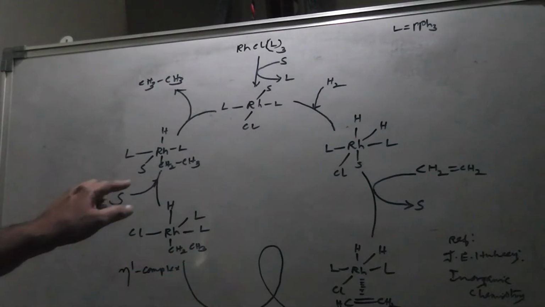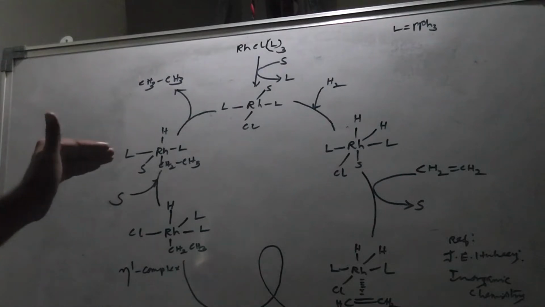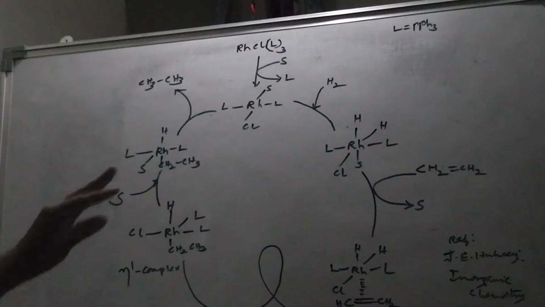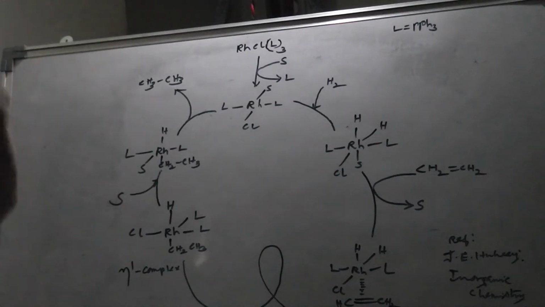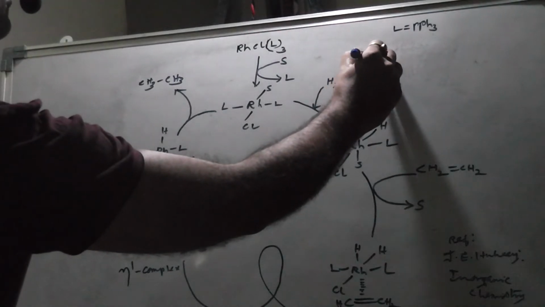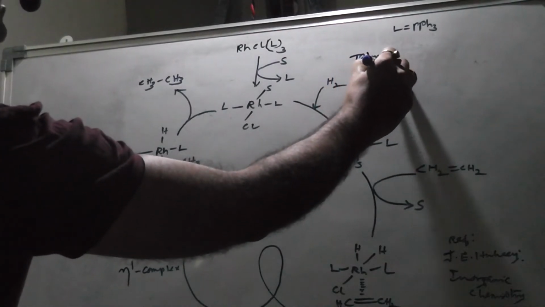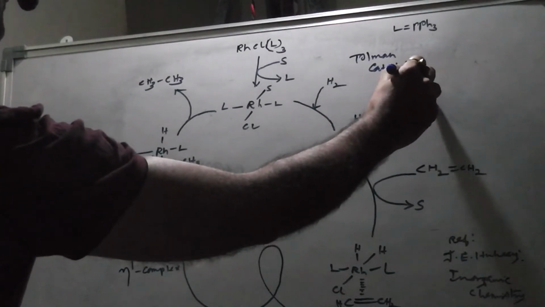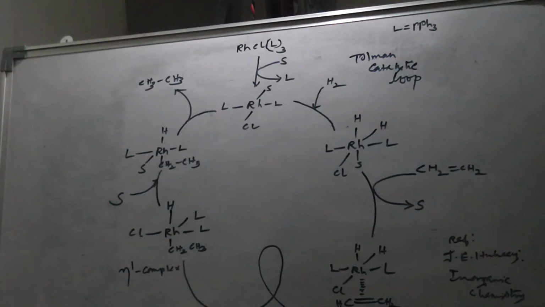Then again solvent is getting coordinated with the rhodium. In the last stage, you could see the alkane coming out. This is what is called the Tolman catalytic loop for the alkene hydrogenation.